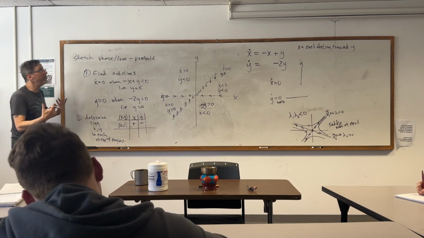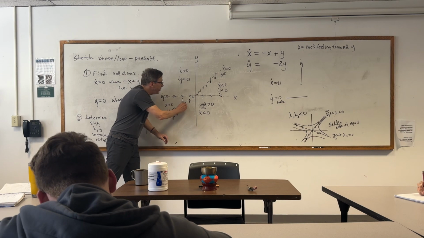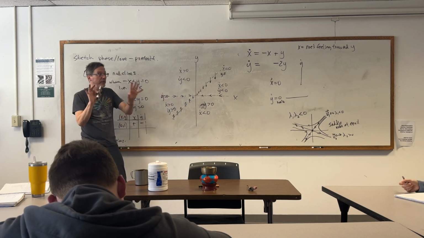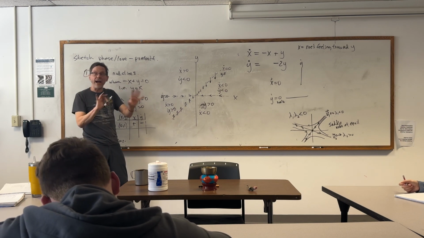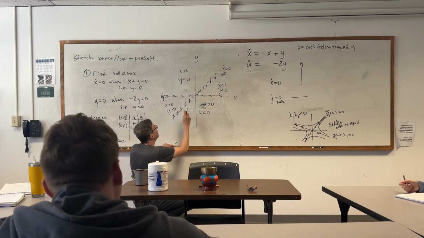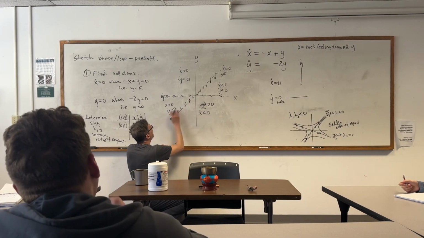And then keep in mind that the changes are continuous. Continuity is a mathematical idea that shows up all over the place, but here we can exploit it. What's in this region?